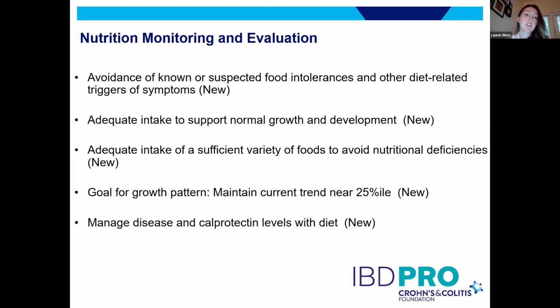And I want to make sure and check in on the fact that he's able to eat a variety of foods from all food groups to avoid deficiencies. I want him to maintain his current growth trend at around the 25th percentile. That sounds like that's what had been typical for him and a healthy weight for him. And another one of our goals specific to this patient was to manage disease with diet.